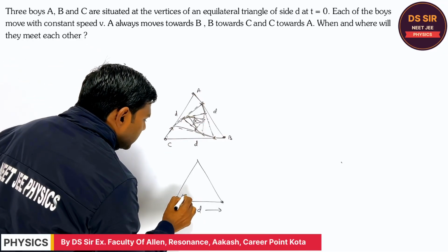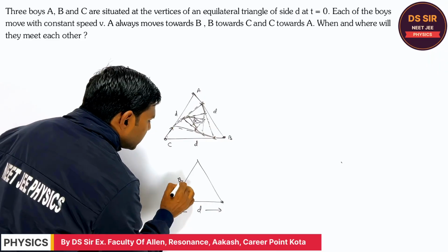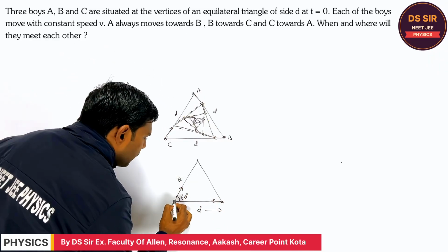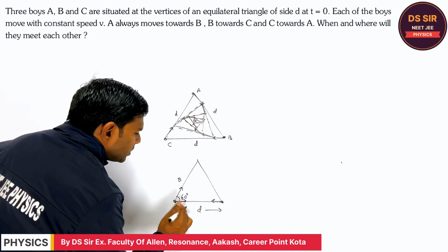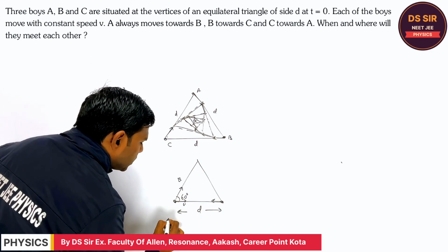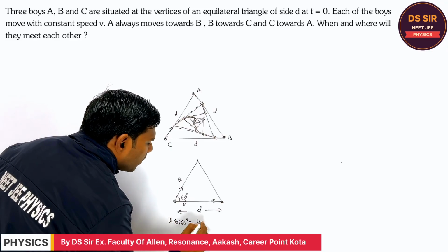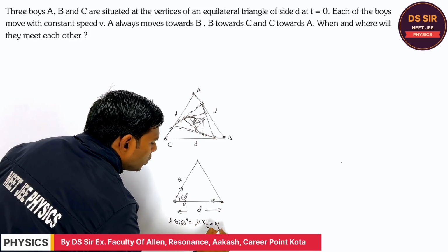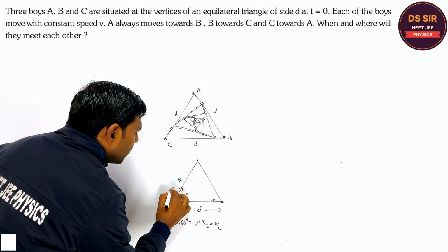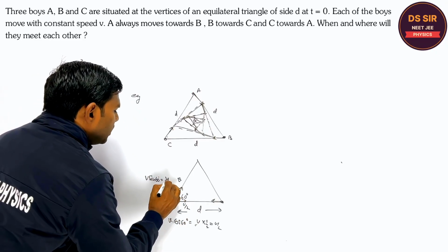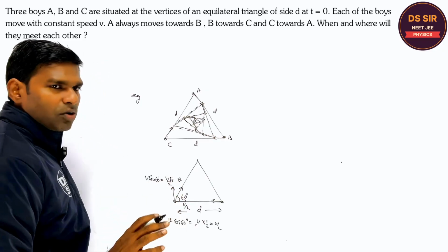If this angle is 60 degrees, this is V and this is V, so if you resolve this, this is V cos theta. V cos 60 is V into 1 by 2, which is V by 2. So this velocity component is V by 2 and this component is V sin 60, which is V root 3 by 2. Is it clear or not?